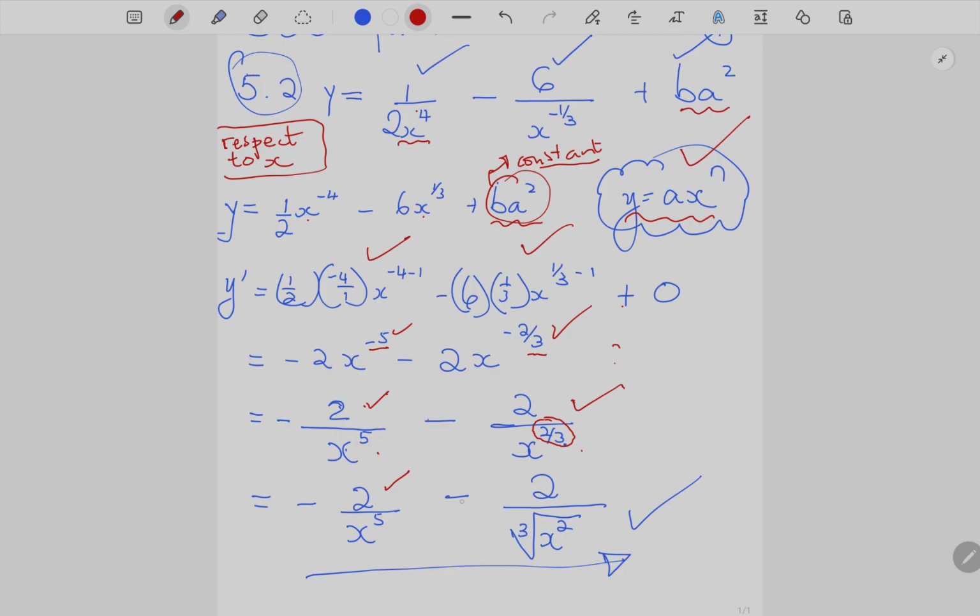So it's going to be minus 2 divided by the cube root of x squared. The 3, that is the denominator here, comes to this arm here. Then under the cube root of x, these 2 remain here. So this is the final answer.